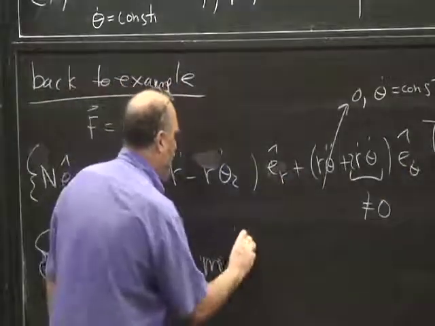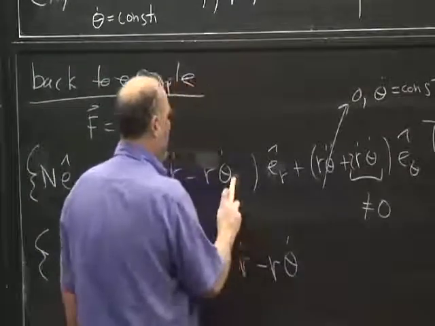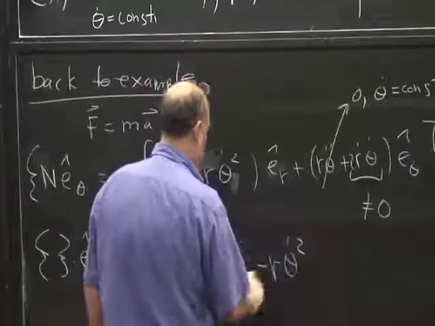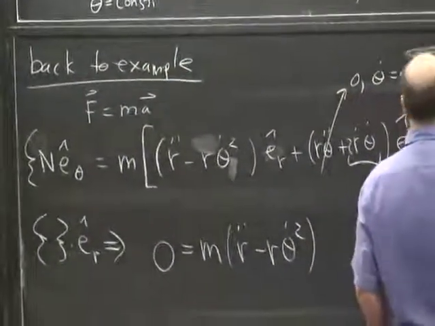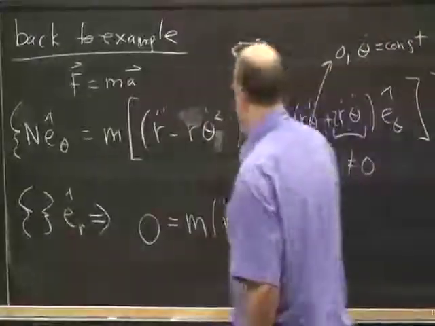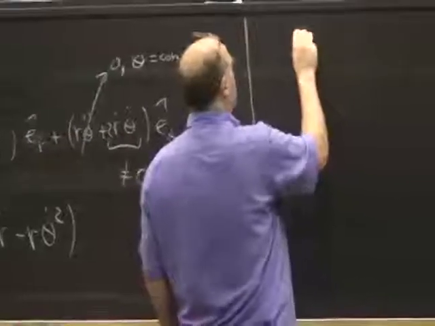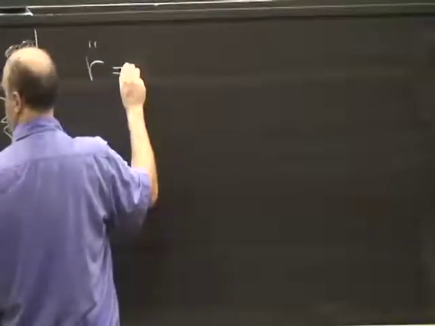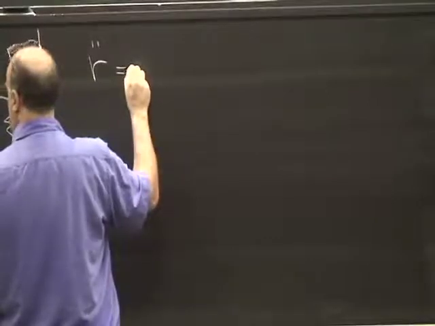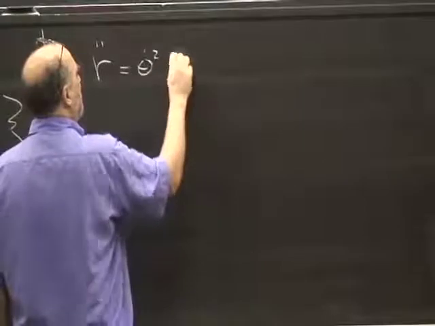So this turns into r double dot minus r theta dot squared is equal to 0. So then it tells us that r double dot is equal to theta dot squared times r.